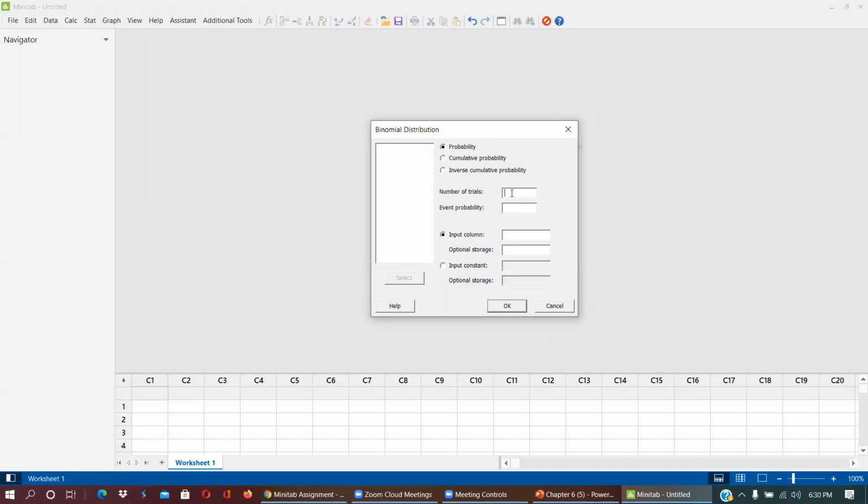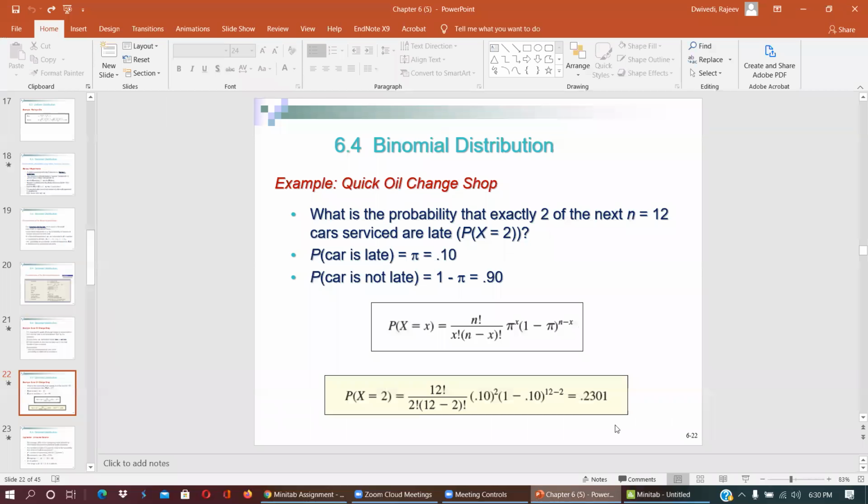How many trials are there? Number of trials is 12. Event probability is 10%. Input constant is 2. Look into the question: next 12, exactly 2.